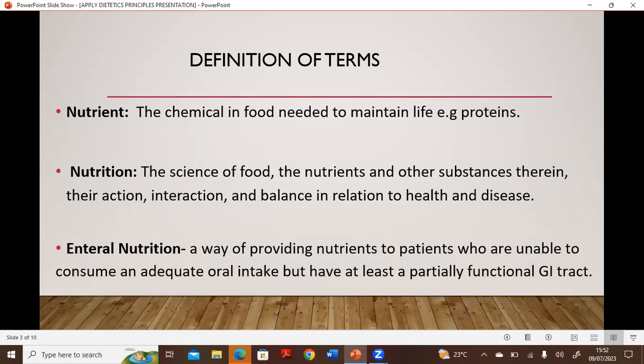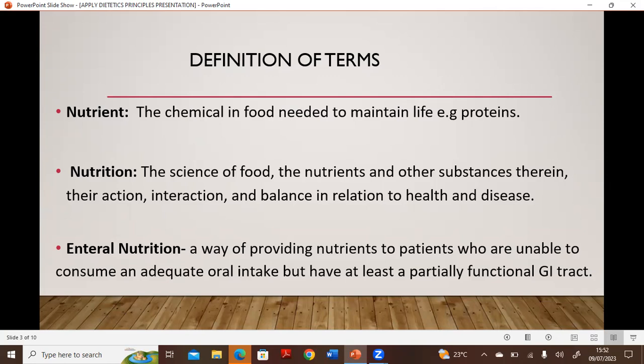I request one of us to read us. Sharon Jepchirchir, are you able to see the screen? Enteral nutrition is a way of providing nutrients to patients who are unable to consume an adequate oral intake, but have at least a partially functional GI tract.